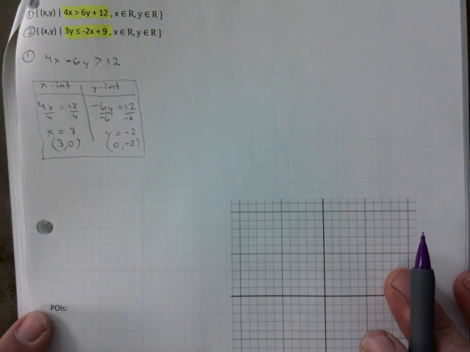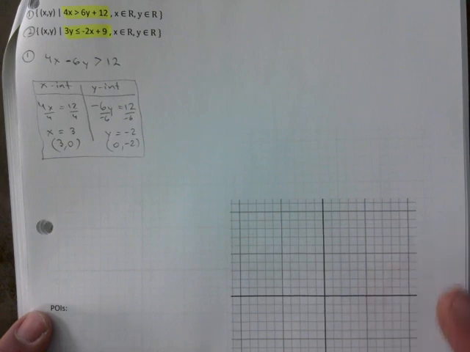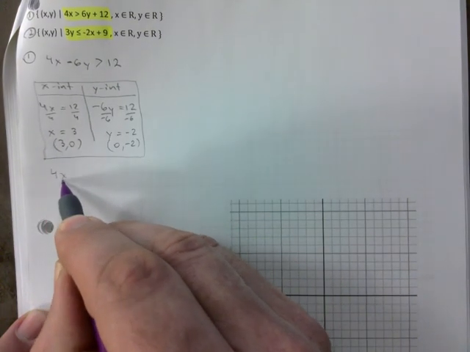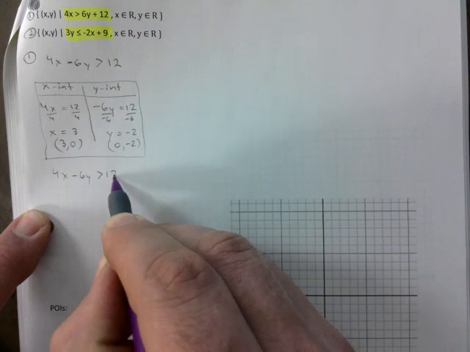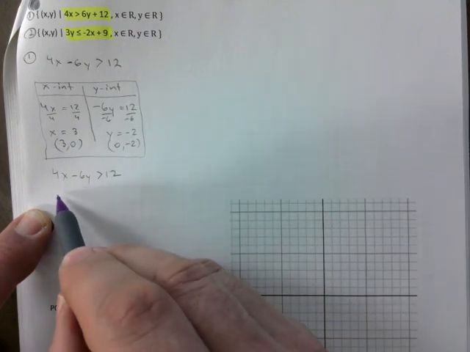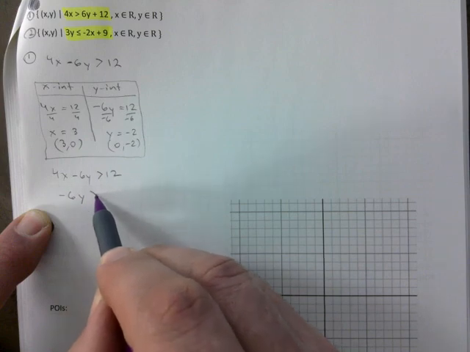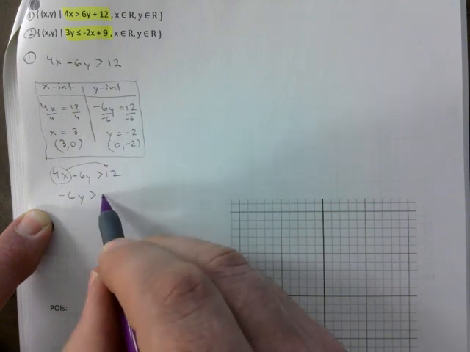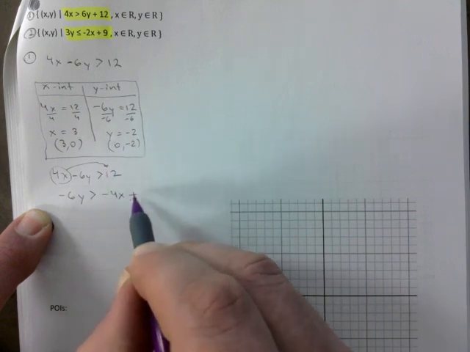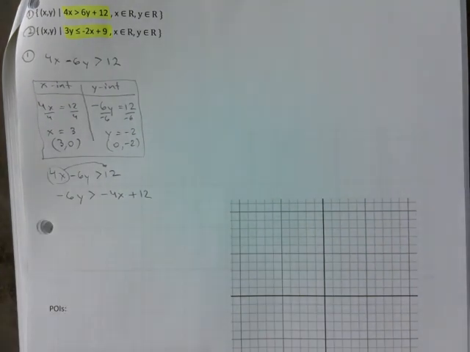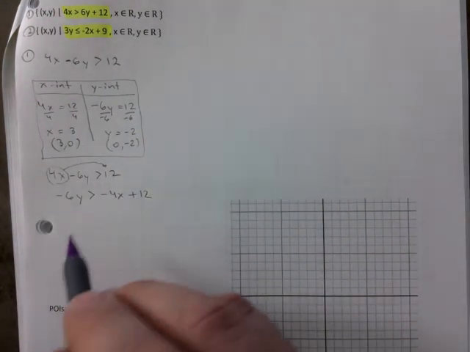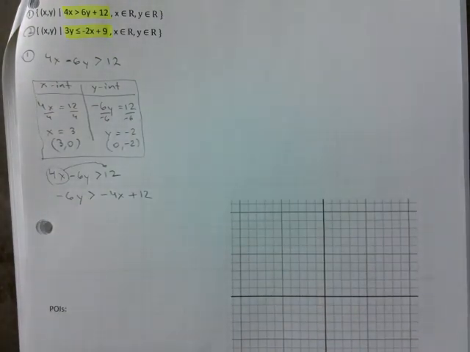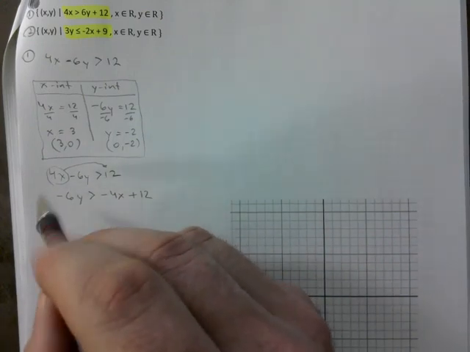Let's rewrite that one in terms of y equals mx plus b. How about I will do this because this is your first example. So I'm going to go negative 6y is greater than, the 4x comes over to the other side, subtracting. And now warning, I'm going to have to divide by a negative to get rid of this.